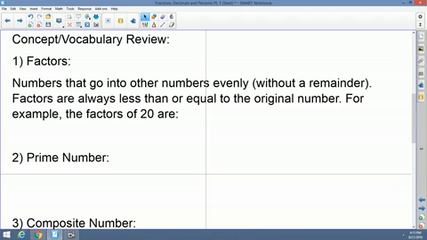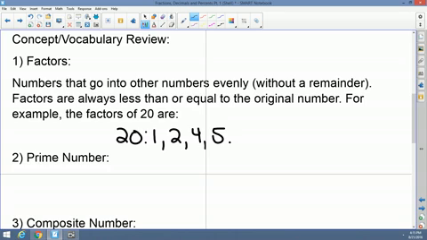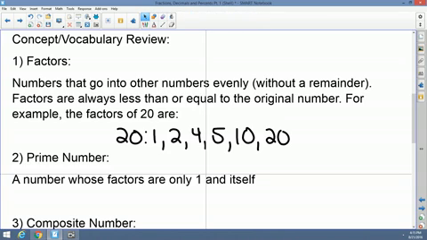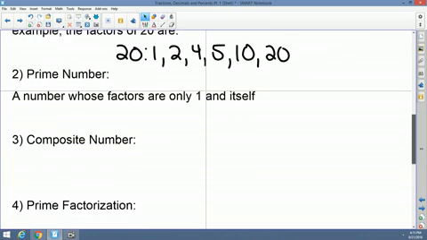So I wanted to make this a little bit nicer now. Let's go ahead and we can write them all now as 1, 2, 4, 5, 10, and 20. And those are the factors of 20. Okay, prime number. What's a prime number? Well, a prime number is a number whose factors are 1 and itself.